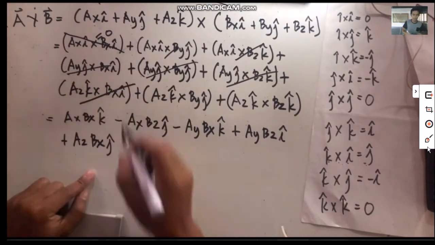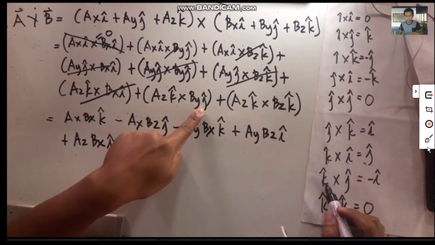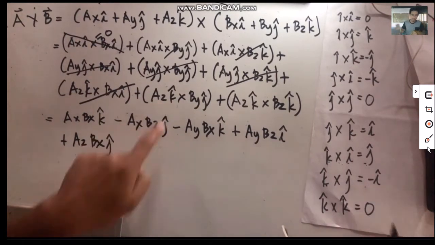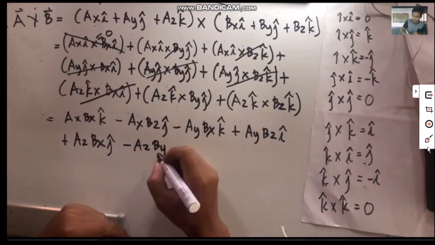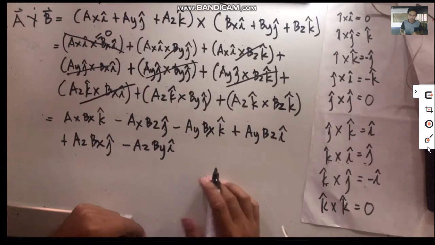So we're done with this. Next, k hat cross j hat. K hat cross j hat is negative i hat. So this one becomes minus az by i hat. And next, done with this.